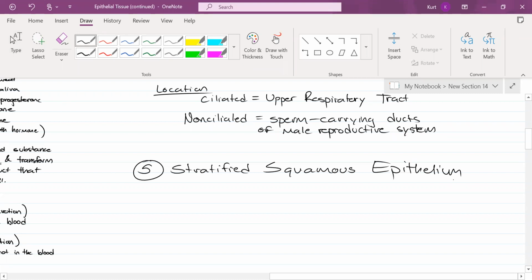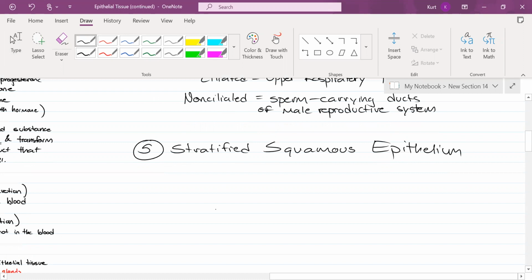On the top of the page, you see stratified squamous epithelium. It can resemble cuboidal on the bottom, but as you get closer to the top, the cells get flatter and flatter and flatter.